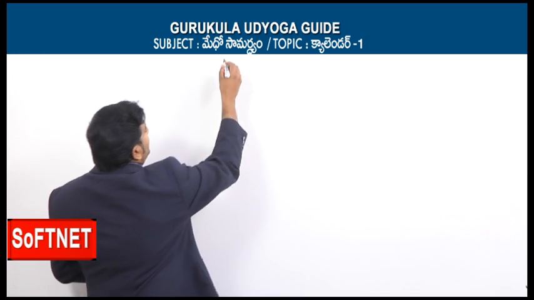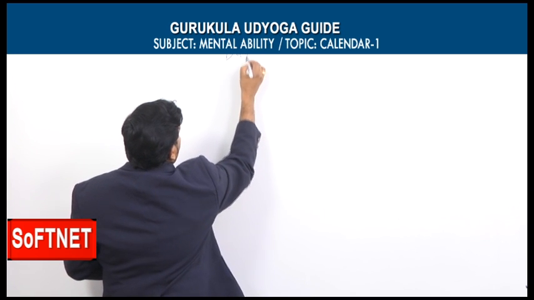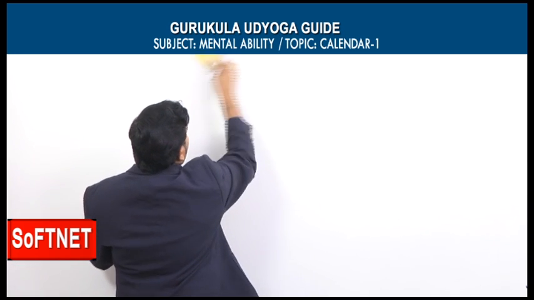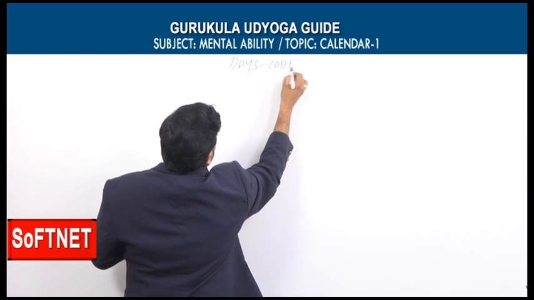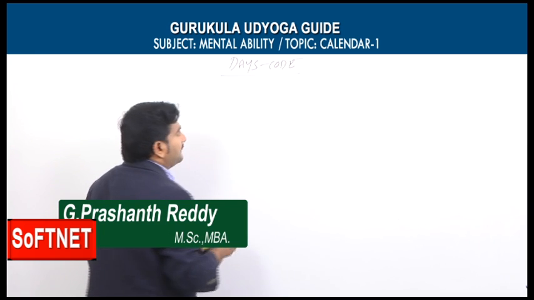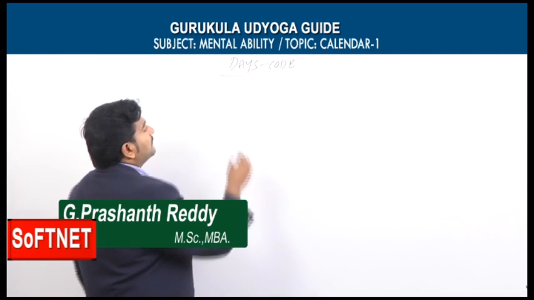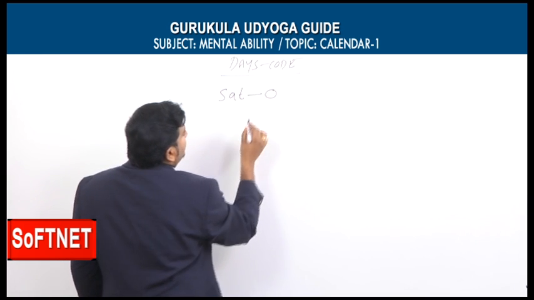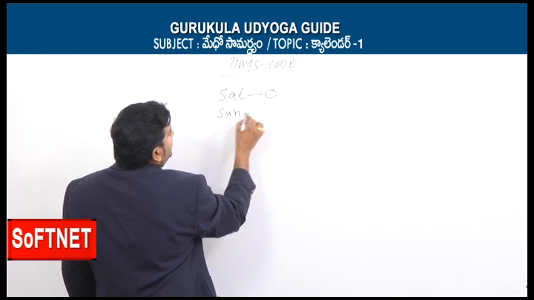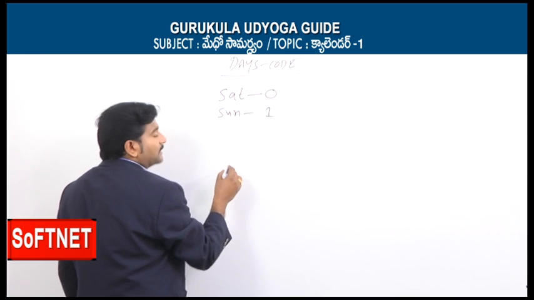First of all, let's see days and codes. We already know a week has 7 days. For example, if it is Saturday, the code is 0. If it is Sunday, the code is 1.